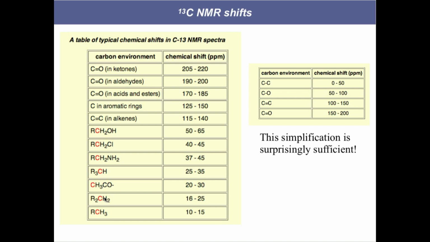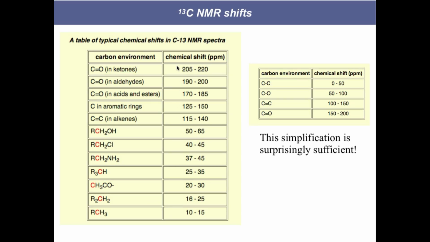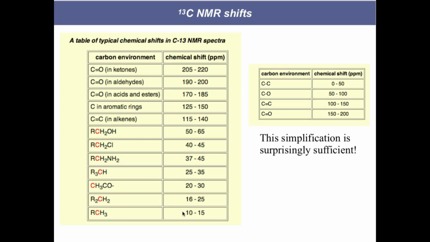Here's a secondary carbon, here's a primary carbon. This one up here was a tertiary carbon. And all of these have an associated chemical shift, a range in which these carbons often appear. Again, basically from 0 or around 10 all the way up to 200 and beyond.